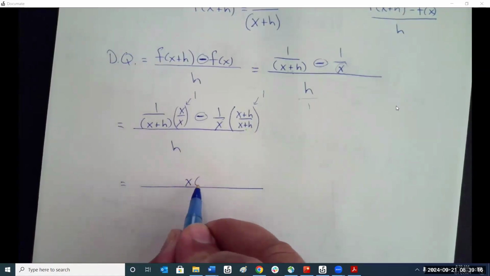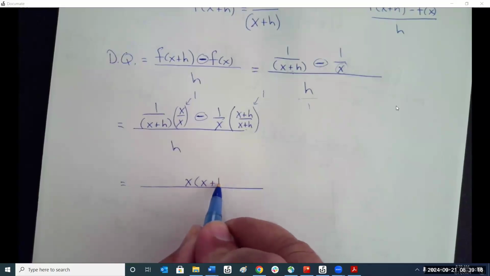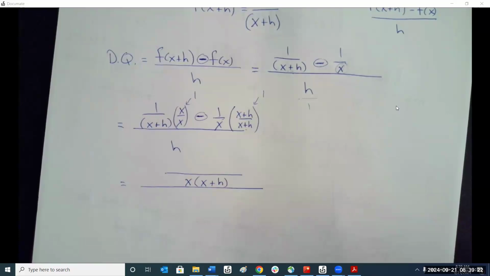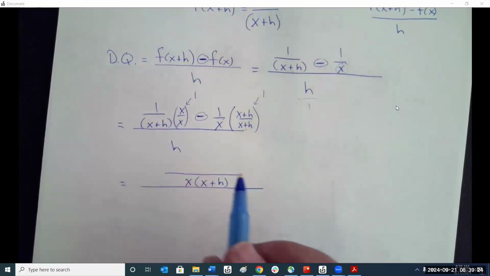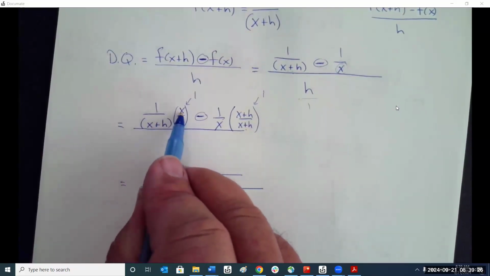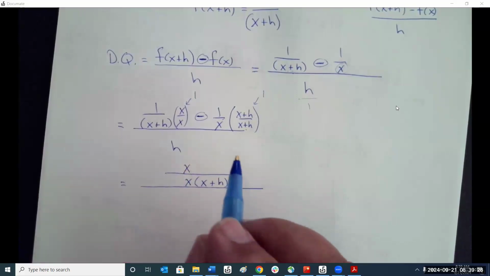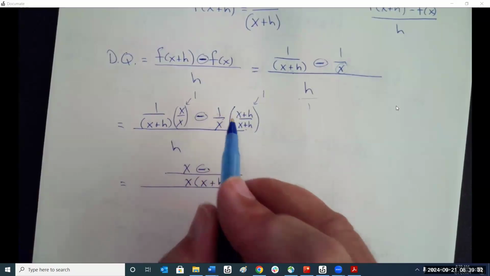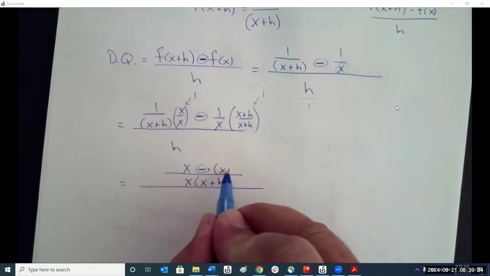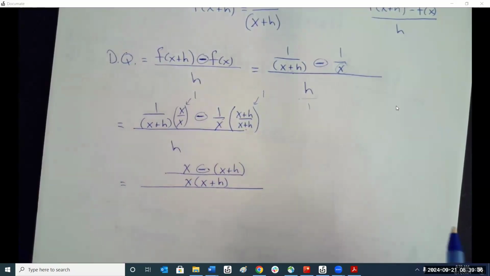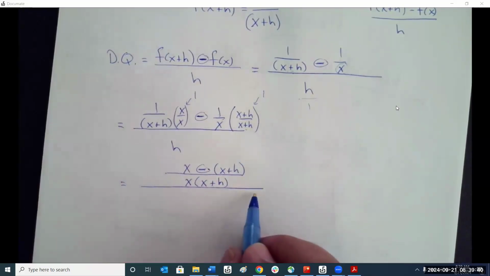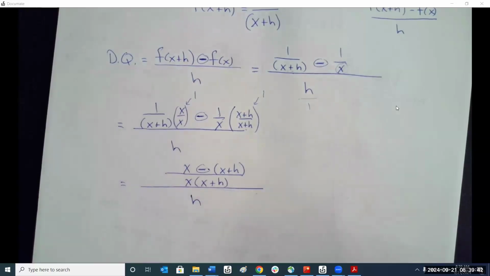So the common denominator is x times x plus h. That's the bottom part. Now the top part, we have 1 times x is x, this minus sign, 1 times x plus h, over our common denominator, over h.